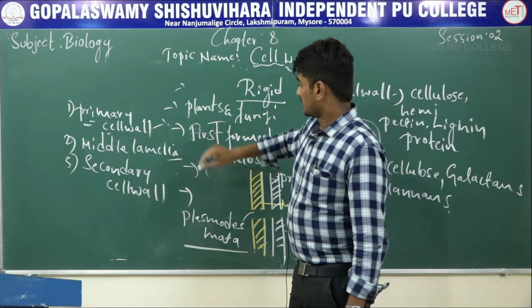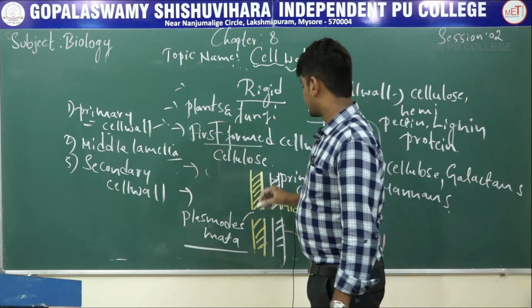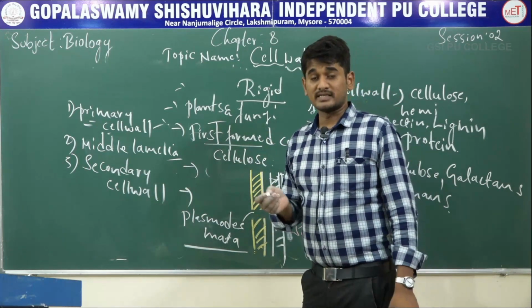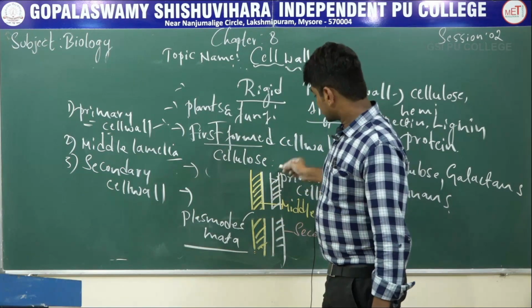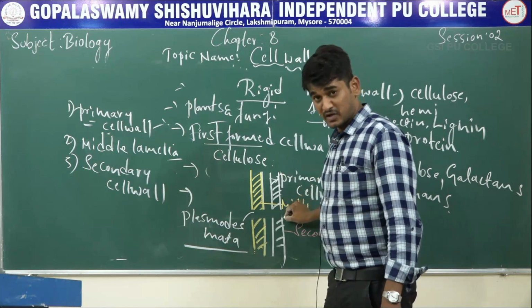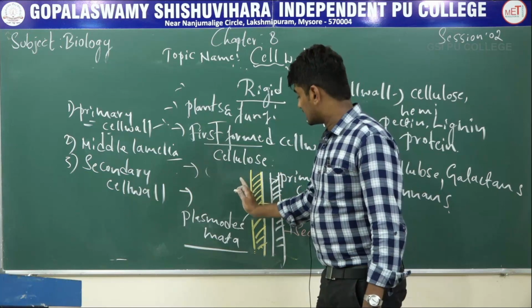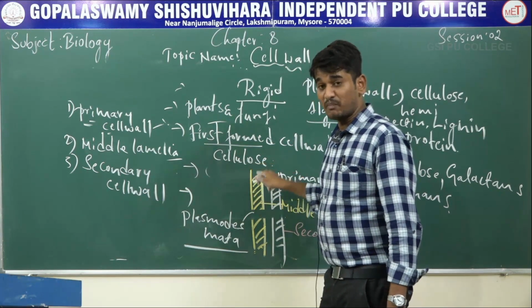secondary cell wall. The primary wall is the first formed cell wall. It's made up of cellulose and capable of growth, which gradually diminishes after the cell matures. And next to the primary wall, there is the secondary wall, which is present towards the inner side of the cell. And in between the cells, in the middle, is the middle lamella.